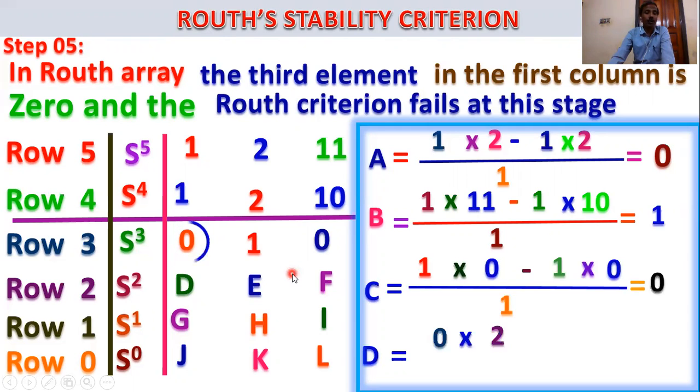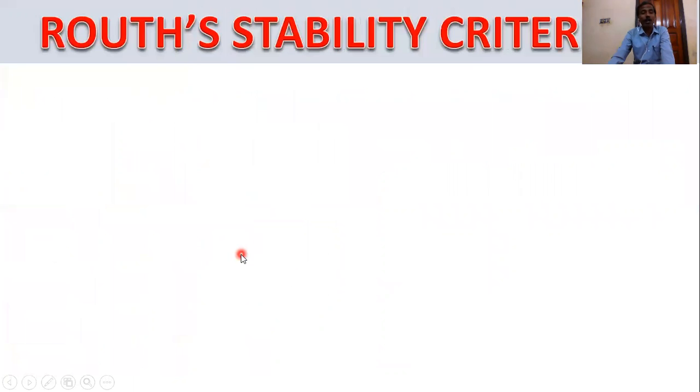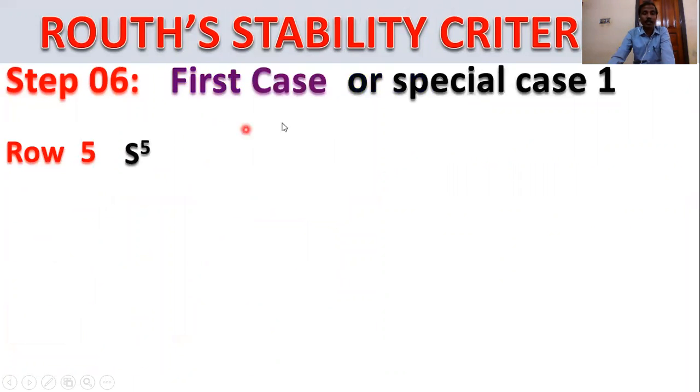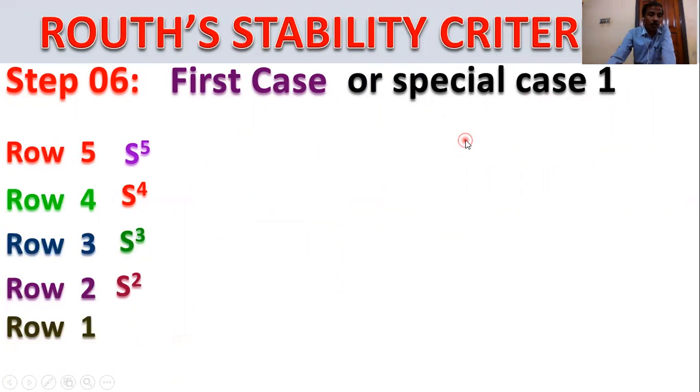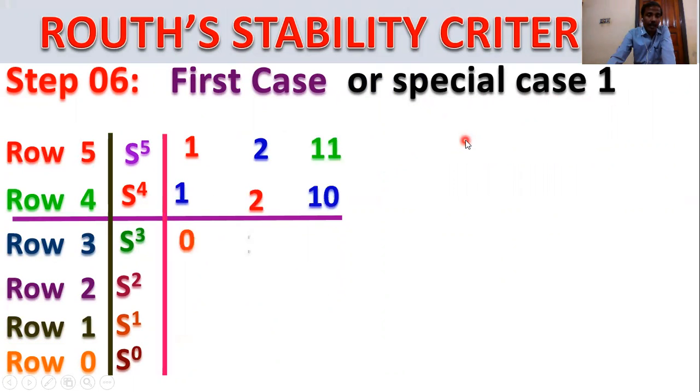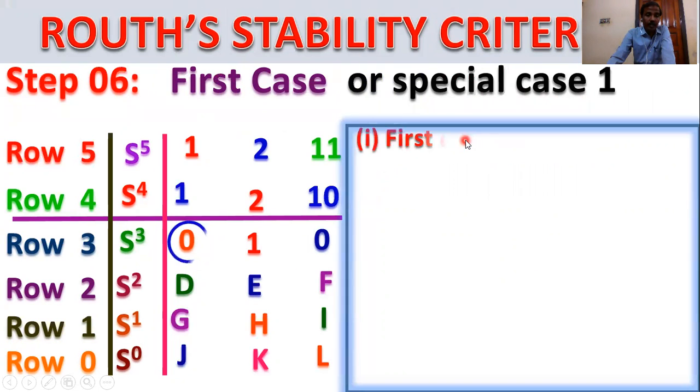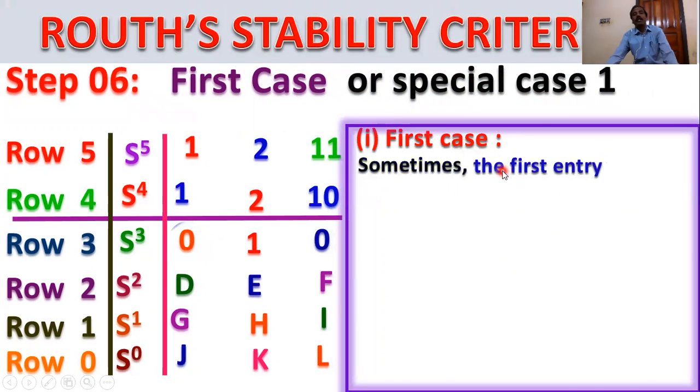So then put in this position one positive value. What is the positive value? This is the special case, also called special case 1. So rows 5, 4, 3, 2, 1, 0, and the coefficients. What is the first case?